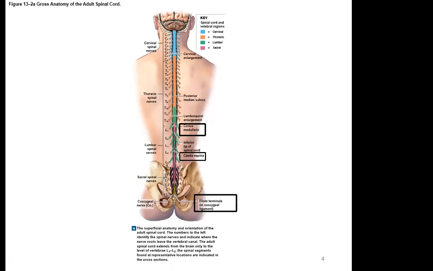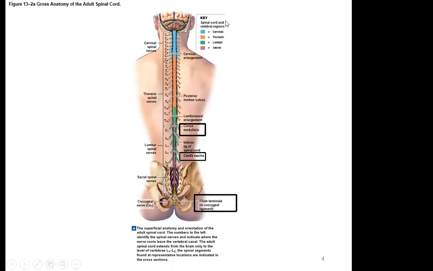This Filum Terminale is going to anchor down near the coccyx in order to prevent any unnecessary movement of the spinal cord. So it keeps it from bouncing up and down inside of this vertebral cavity. It is an anchoring structure, which is incredibly important for stability and stabilization.